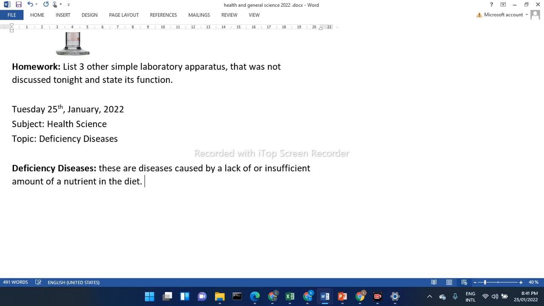So deficiency diseases come from a lack of a nutrient in the diet. Now, when we say diet, we're not talking about, if someone says, well, I'm going on a diet, right? When we say diet in health science, what do we mean?